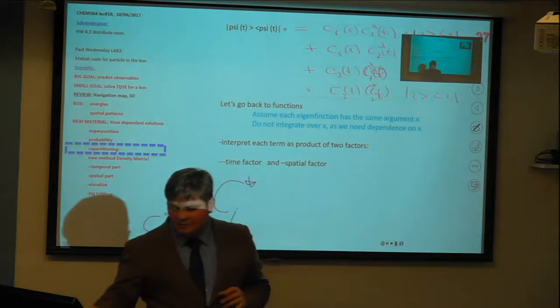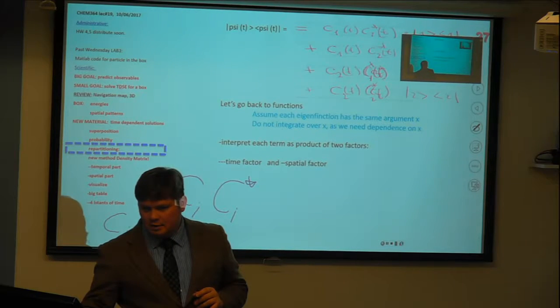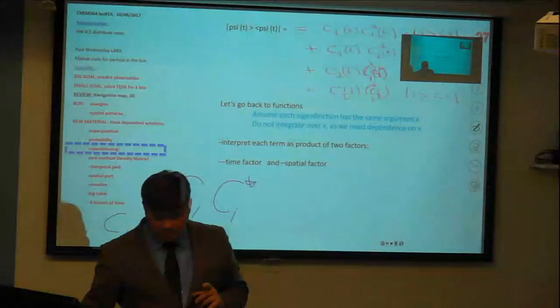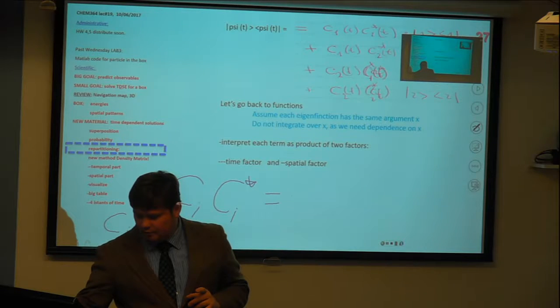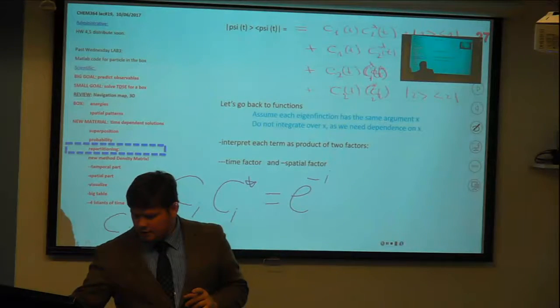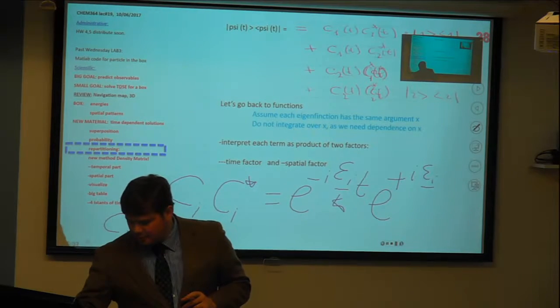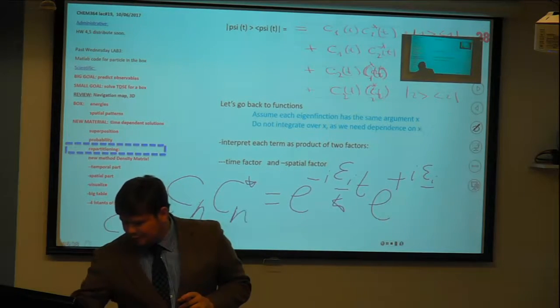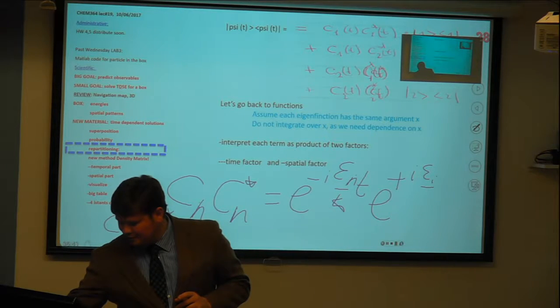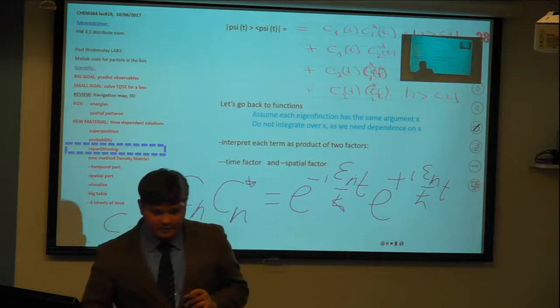So if the indices coincide in this product, it means you have e to the minus i energy number i divided by h bar t times e to the plus i E sub i. i is not a good number. Let's put n. Otherwise, it will be too ambiguous. n divided by h bar t, right?